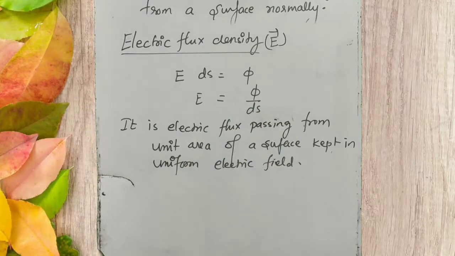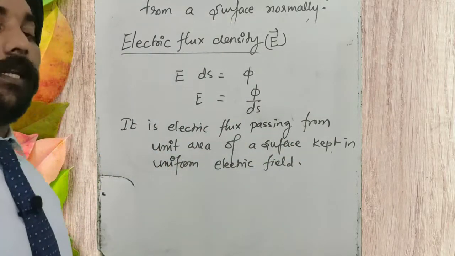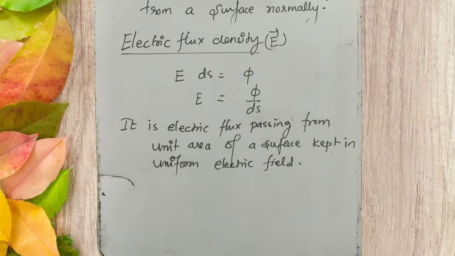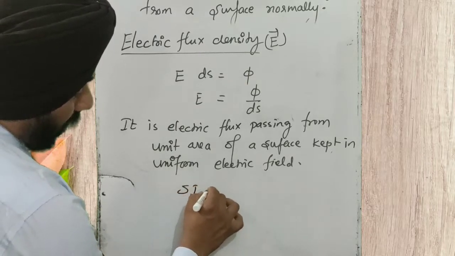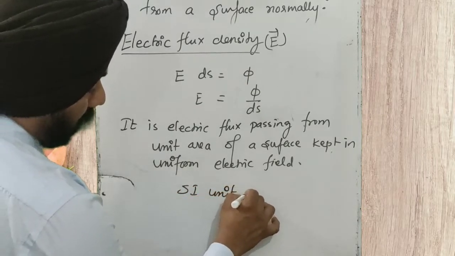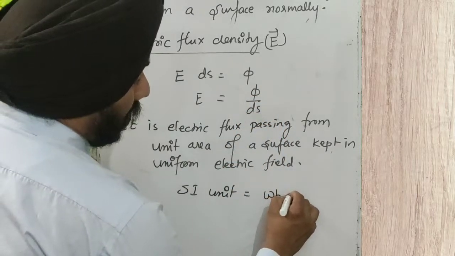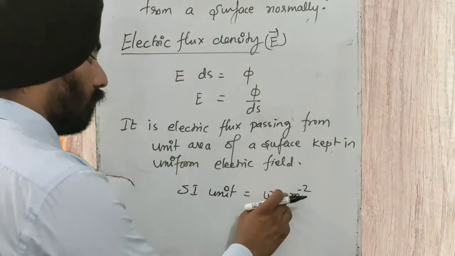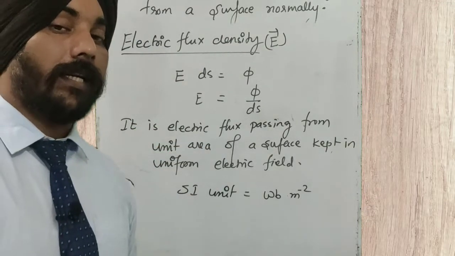This is the definition for electric flux passing through unit area of a surface kept in electric field. It is phi upon ds. Clear everybody? So this is the electric flux density, and the SI unit of electric flux density is Weber per meter square, Weber meter inverse 2. Is it clear? So this is the electric flux density in the form of electric flux.